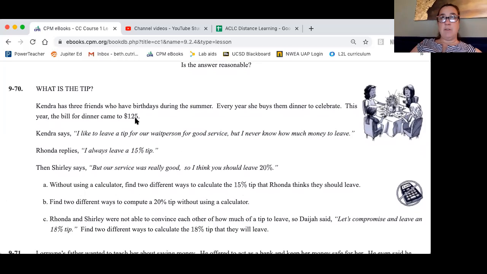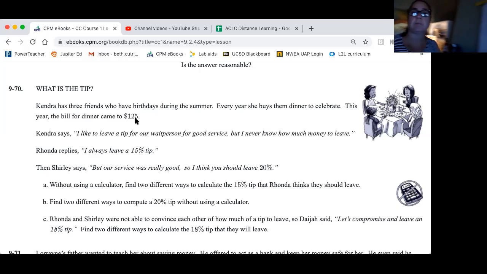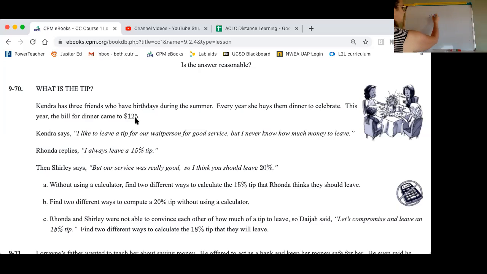So $125, 10% is going to be move the decimal over 1, $12.50. And to get 15%, you're going to take half of $12.50, which is $6.25, and add it to the $12.50. So let me show you that on the board. We have a $125 bill for our dinner.